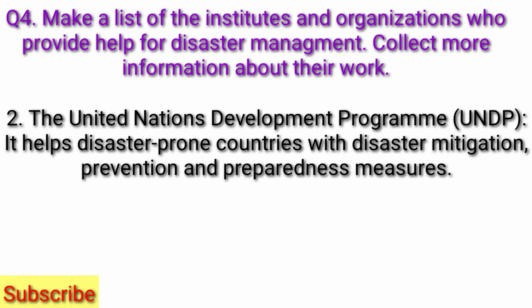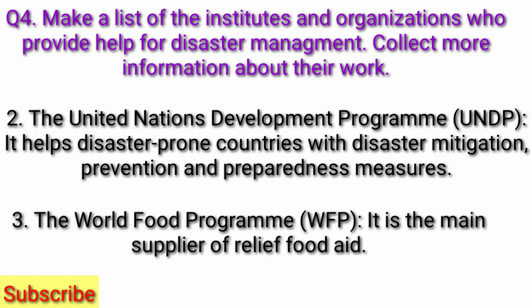Second, the United Nations Development Programme, UNDP. It helps disaster prone countries with disaster mitigation, prevention, and preparedness measures. Third, the World Food Programme (WFP). It is the main supplier of relief food aid.